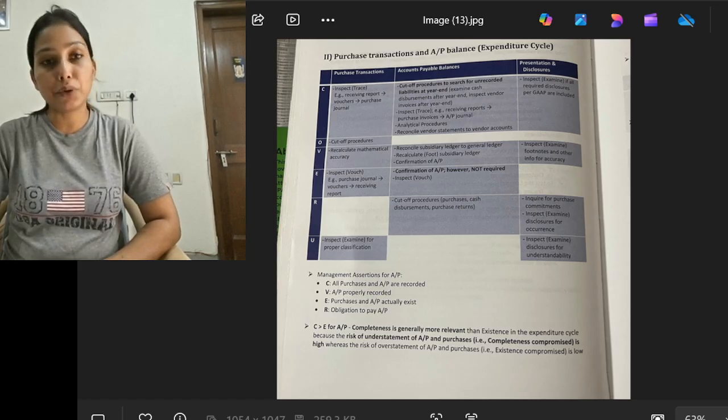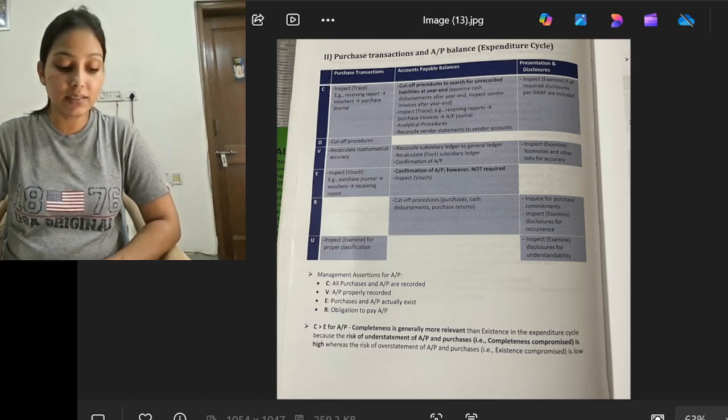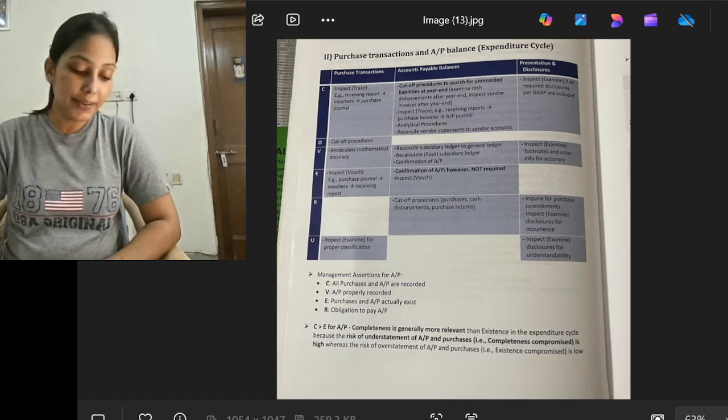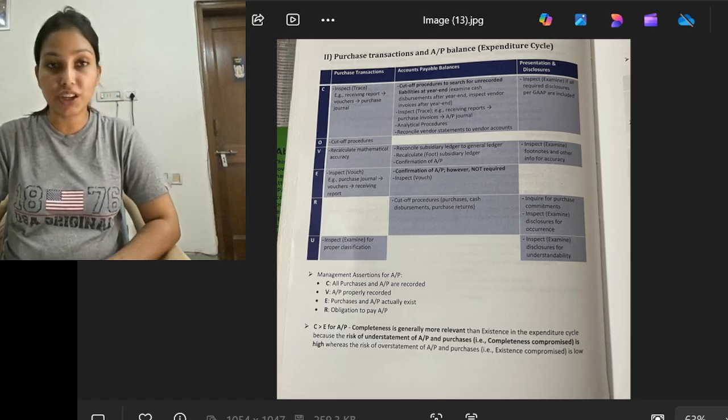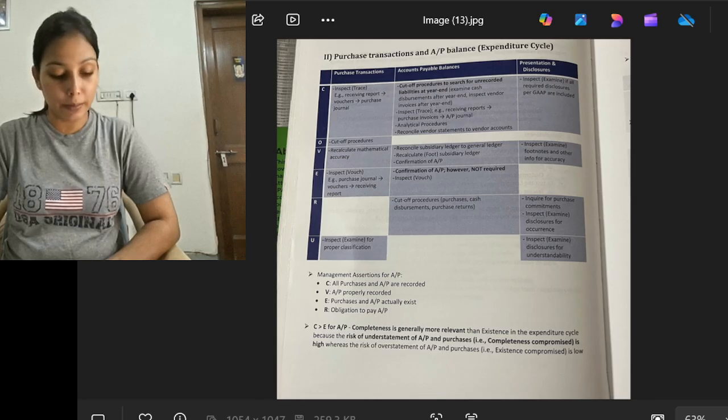After that, analytical procedures are performed where ratios are verified, variances are understood, and reconciliation of vendor statements to the vendor accounts is performed. Again, reconciliation of the subsidiary ledger to the general ledger is performed, along with recalculation of the subsidiary ledger, and confirmation of the accounts payable.